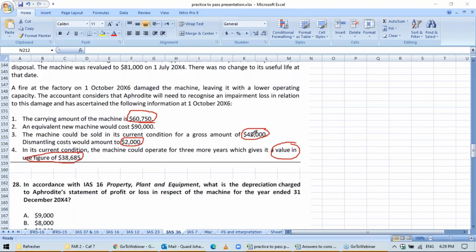Right? So the fair value is 45,000 and we will deduct the cost to sell. We will compare the fair value with 38,685, which is the value in use. So let's do it.